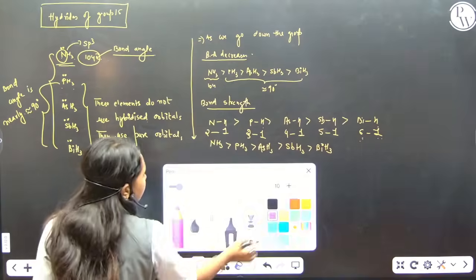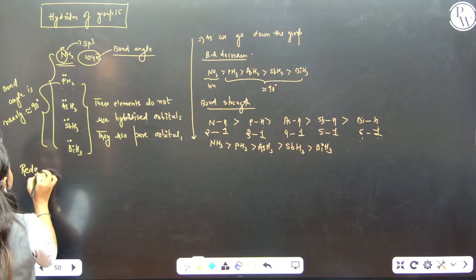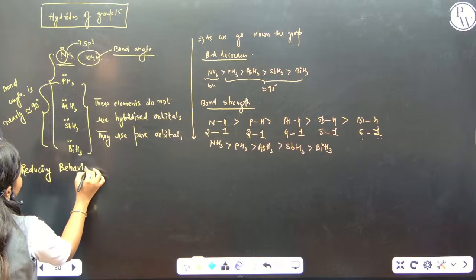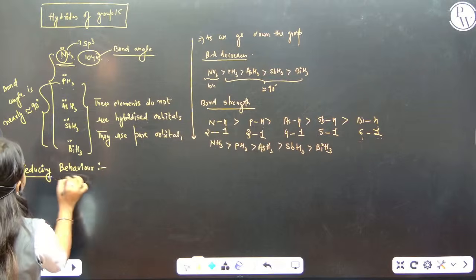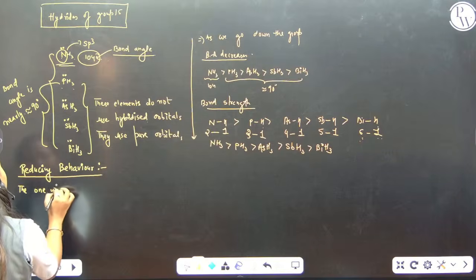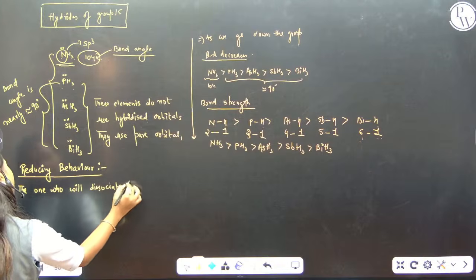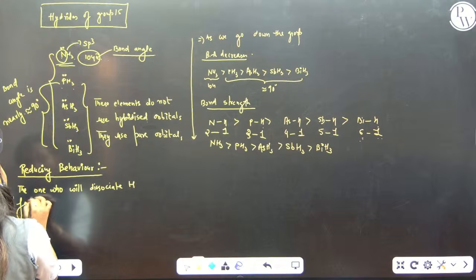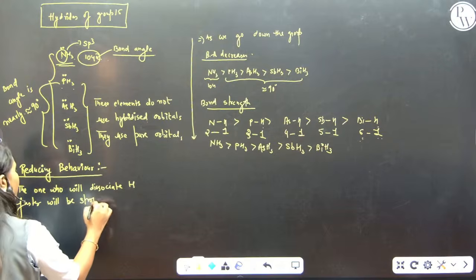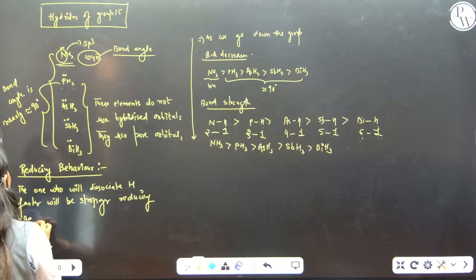Now, the next property is reducing behavior. The one who will dissociate H faster will be the stronger reducing agent, right?